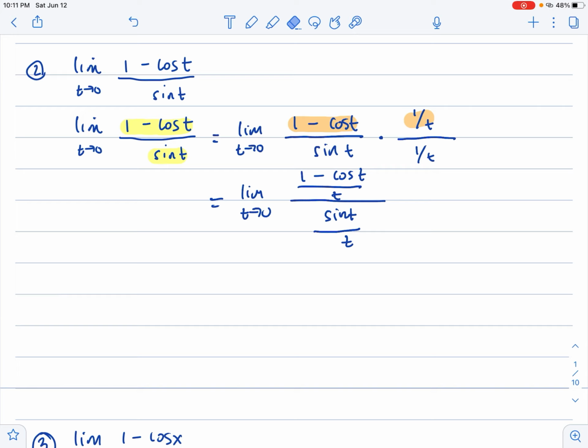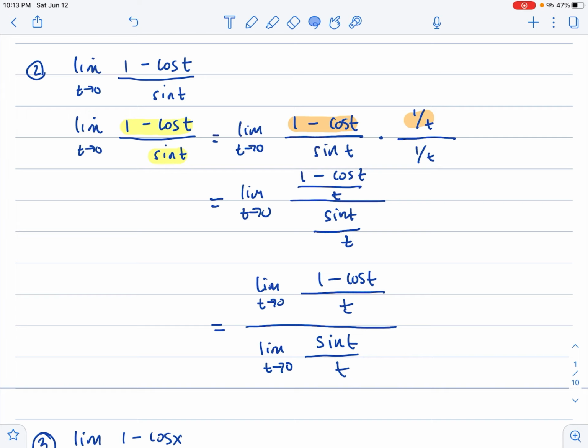And this is a limit of a quotient, which means that we can get the limit of the numerator, and then we also get the limit of the denominator. So this is equal to the limit as t approaches 0 of 1 minus cosine t divided by t divided by the limit as t approaches 0 of sine t divided by t.